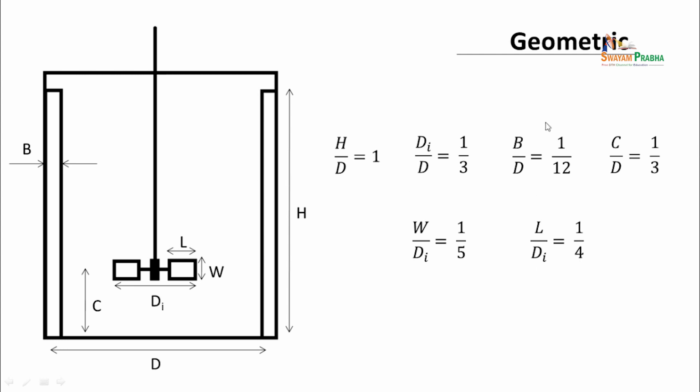So there are 4 criteria normalized with the tank diameter: H by D, Di by D, B by D, and C by D. And there are 2 based on the impeller diameter: W by Di is 1/5 and L by Di is 1/4. As long as these are maintained the same, both at the small scale and at the large scale, we will have geometric similarity.